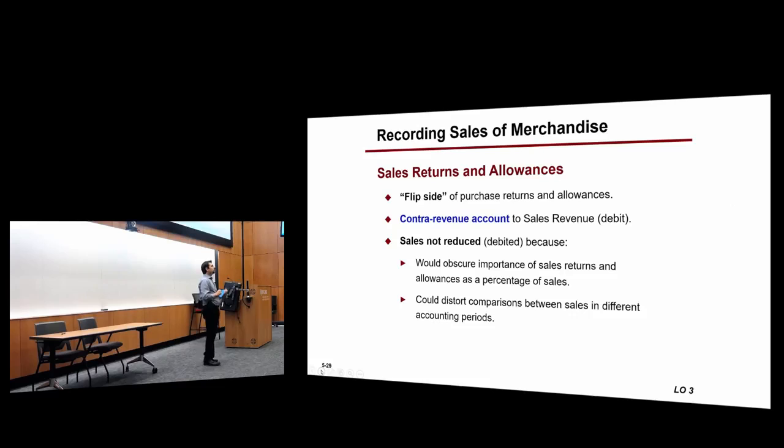Companies do not decrease sales revenue directly. They use the contra revenue account. Okay? Why is that? We had contra accounts before, right? Yes. Well, if you sold the thing on like October 30th, and then the person took it back on like November 4th, and it was a different period.